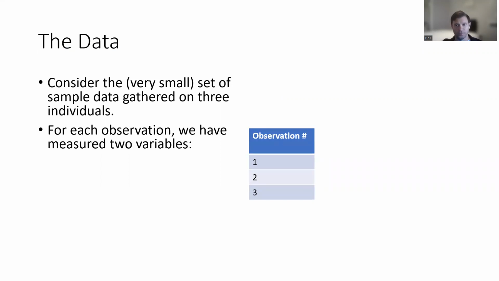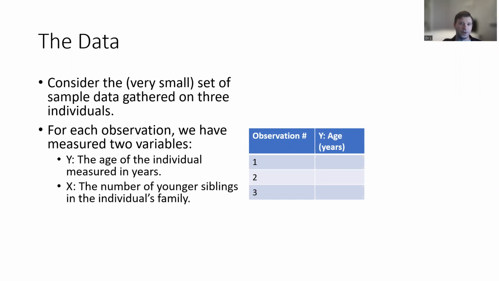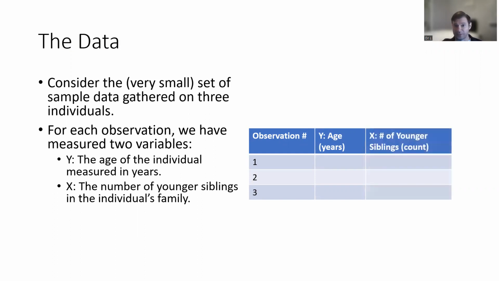First thing we're going to do, for each of the 3 individuals sampled, we are going to measure their age in years. We'll call that the Y variable, and we'll label that on the Y-axis momentarily. The second feature that we are going to measure on each individual is the number of younger siblings that the individual has. We'll call that the X variable.